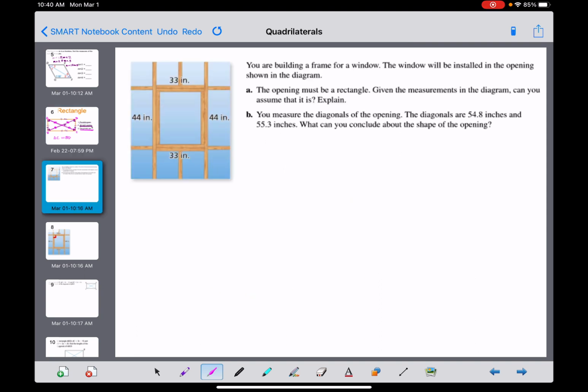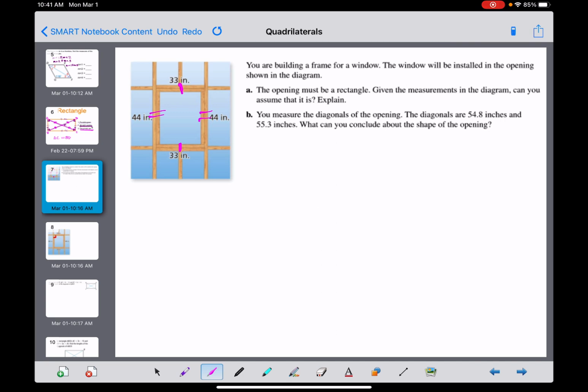So we are building a frame, and the window will be installed in the opening in this diagram. The opening must be a rectangle. So we are given the measurements of these opposite sides of 33 and 44. Is that enough information to conclude that this is a rectangle? Now, it physically appears like it's a rectangle, but you don't know the exact degree of the measures of the angles or the diagonals.